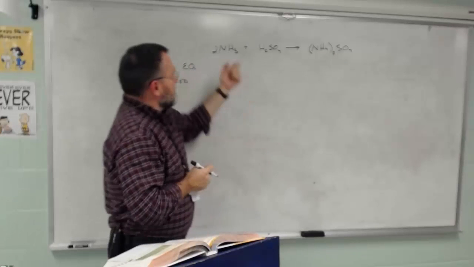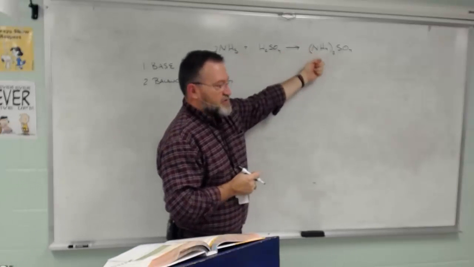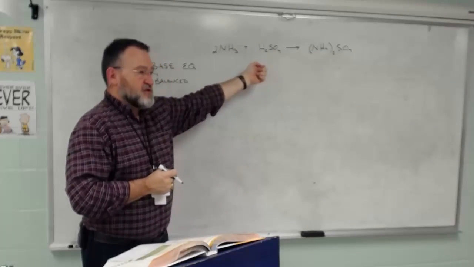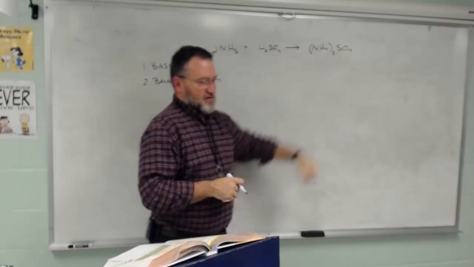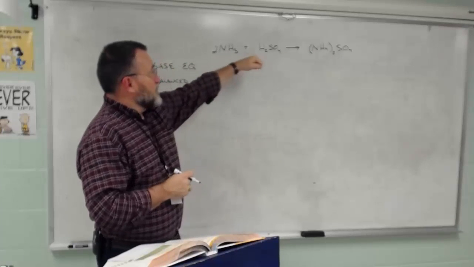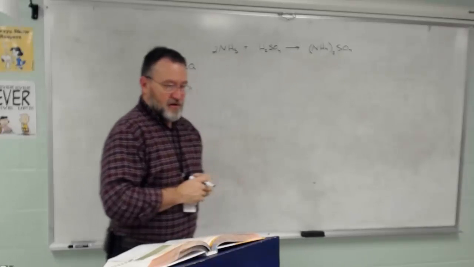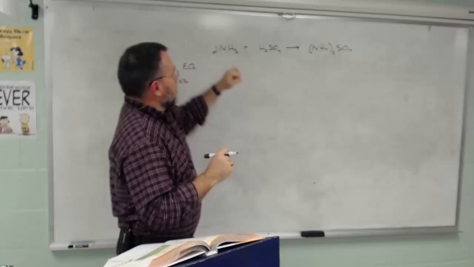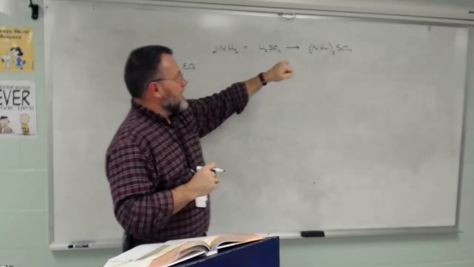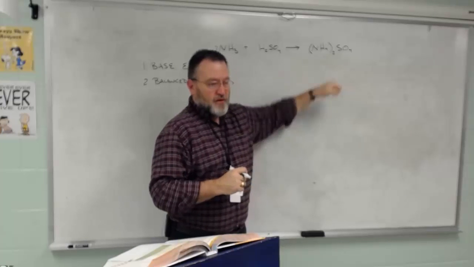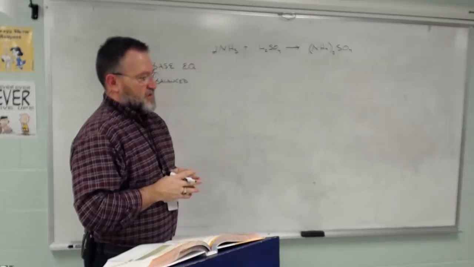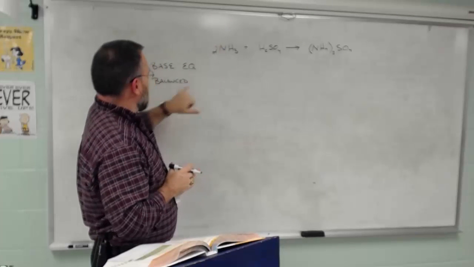And just as 2 molecules and 1 molecule makes 1 molecule because of the stoichiometric coefficients, we can also say that 2 dozen and 1 dozen make 1 dozen, that 2 score and 1 score make 1 score, and ultimately, 2 moles and 1 mole make 1 mole. Right? So that's our base equation, now balanced.